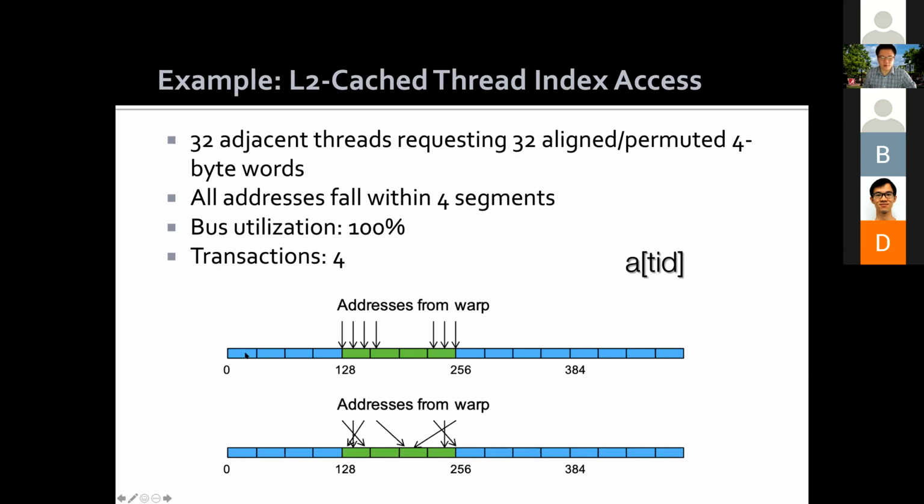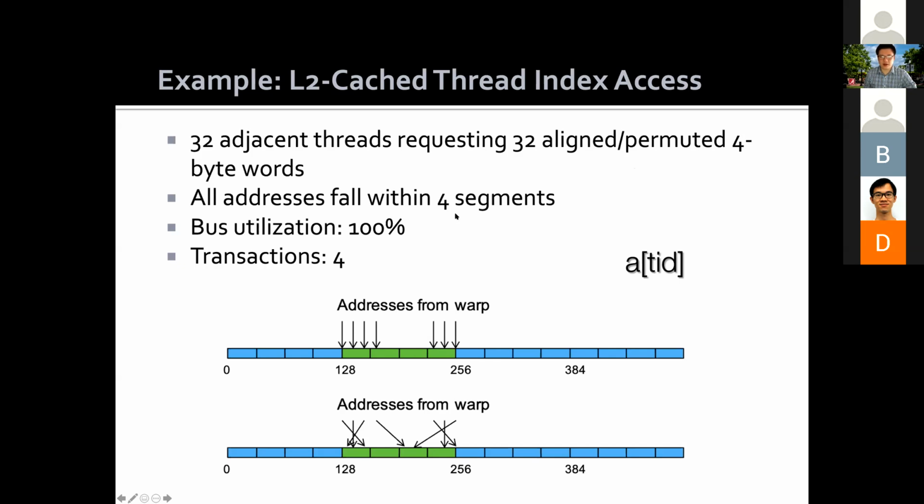For example, this is the range from 0 to 128, and this is 128 to 256. You have 32 threads, and each thread reads 4 bytes, so you need to read 128 bytes.